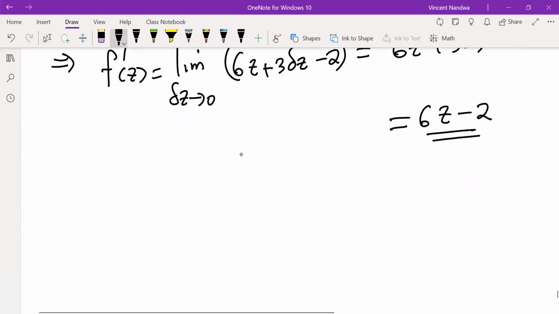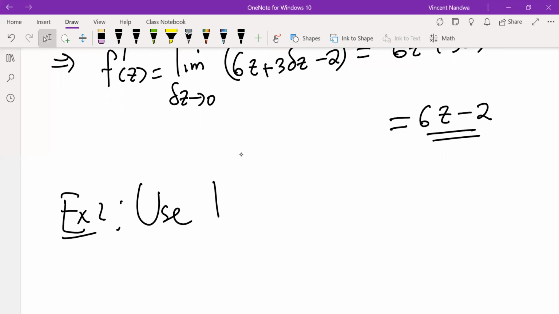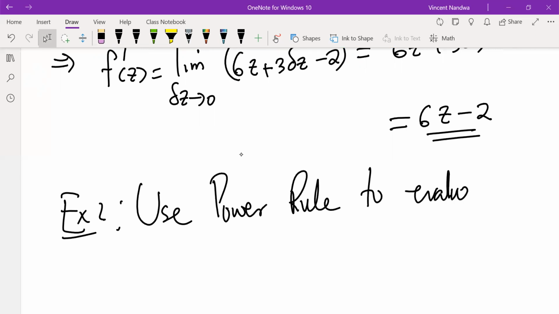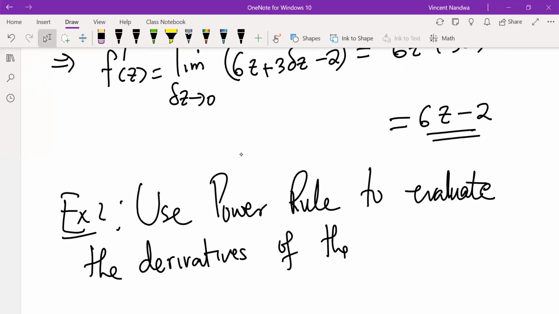Now, example 2, use power rule to evaluate the derivatives of the following.